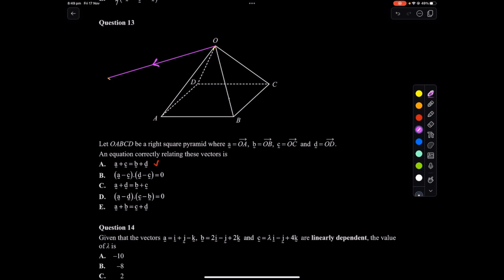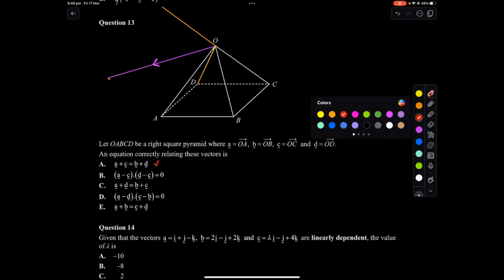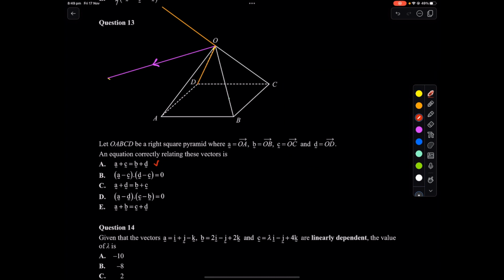The next one states D minus C. D is this one over here, minus C. So C is this. And imagine I was minusing, so it will be right on top of it, like this.